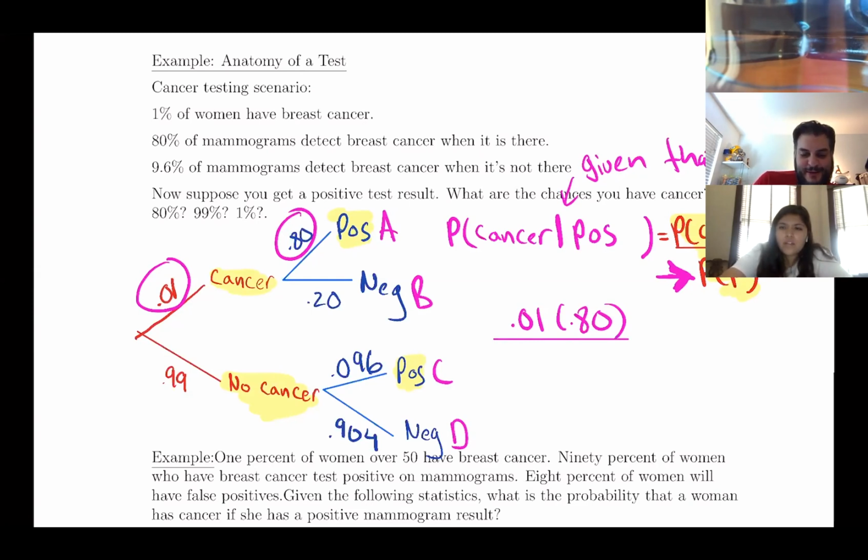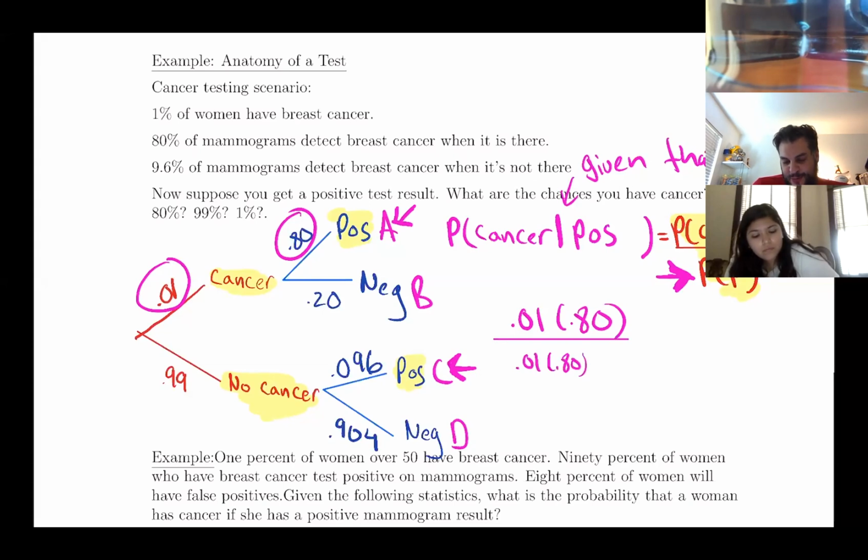A and C. So A, but also C. Because A gave me a positive test result when they have cancer, but C gave me a positive test result when they don't have cancer. So in the bottom, we'll put 0.01 times 0.80, and we'll also do 0.99 times 0.096. Everybody good so far with how I got the denominator?